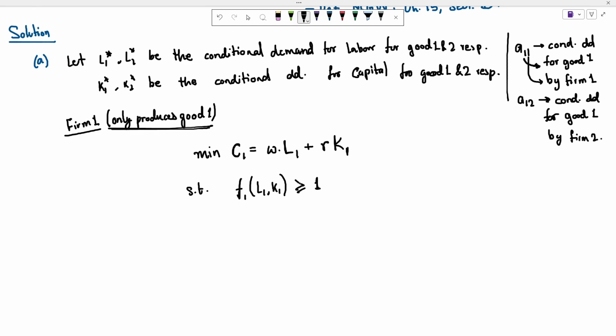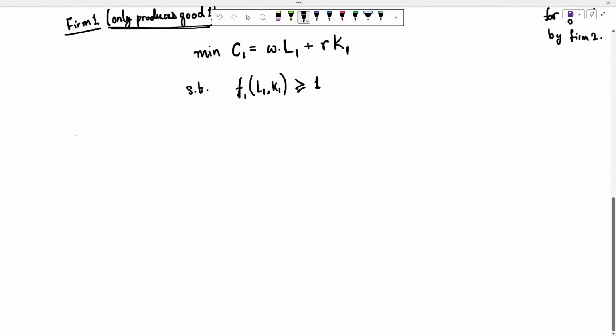So by complementary slackness, f of L1, K1 is going to be exactly equal to 1.